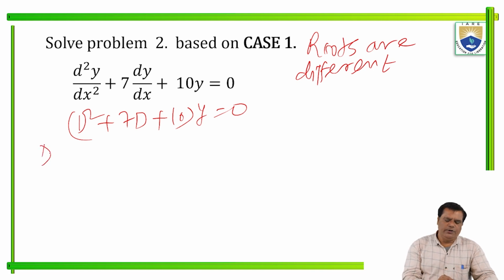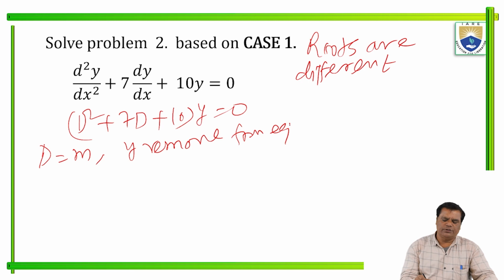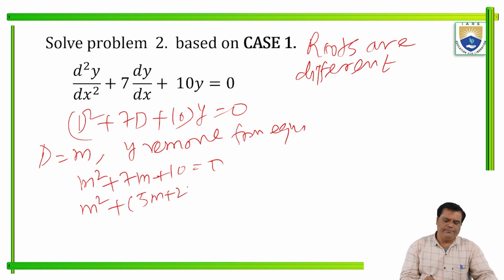Putting D equal to m and removing y from the equation, here m² + 7m + 10 = 0. So factorizing this: 5 × 2 is 10 and 5 + 2 is 7, so m² + 5m + 2m + 10 = 0. Then m is common, and 5 plus 2 is common: m(m + 5) + 2(m + 5) = 0.